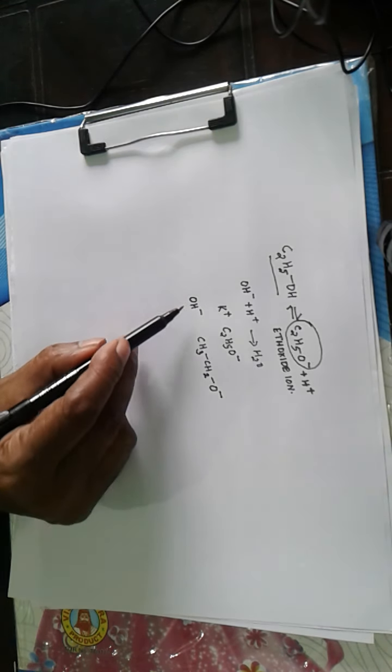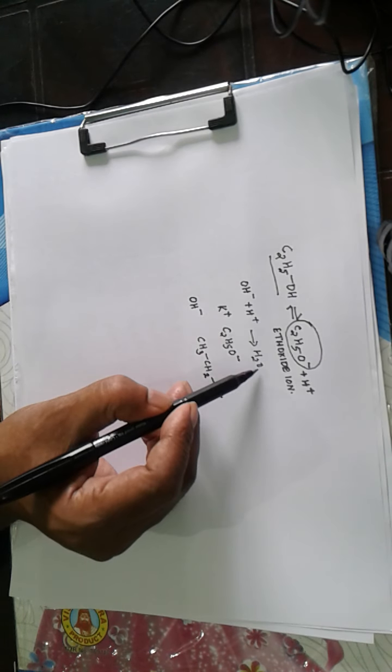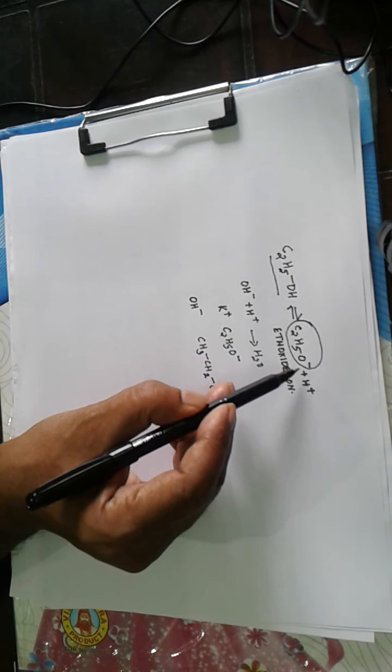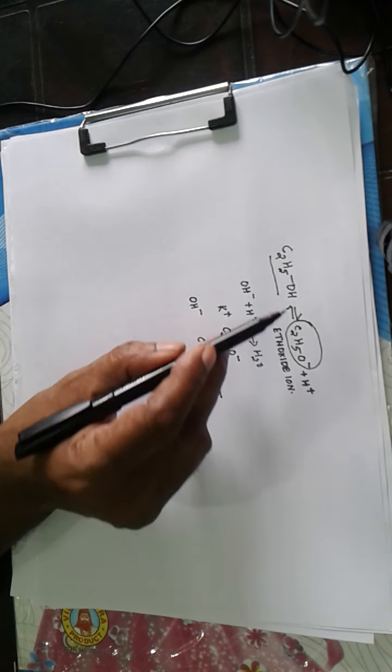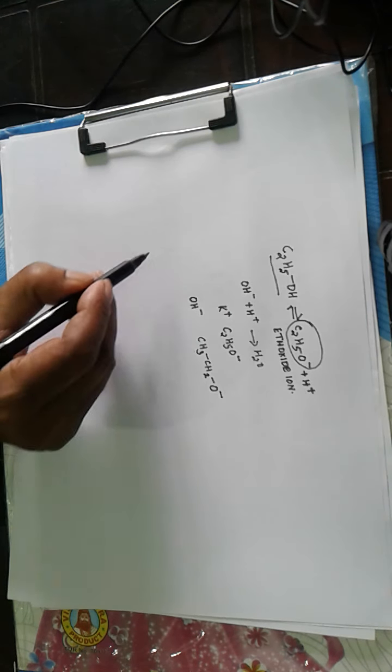Hydroxide can act as a base, which means it can react with H positive to produce water. Ethoxide can act as a base, which means it can react with H positive to produce ethanol. Now the ability to react with H positive is called basicity.